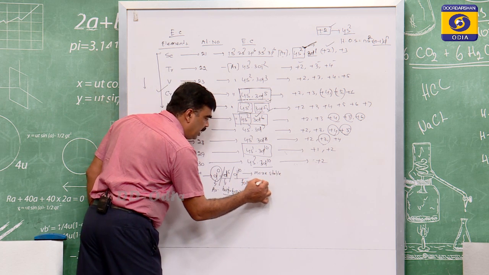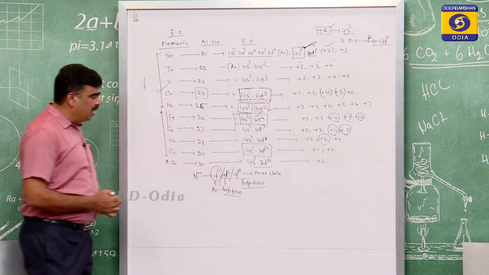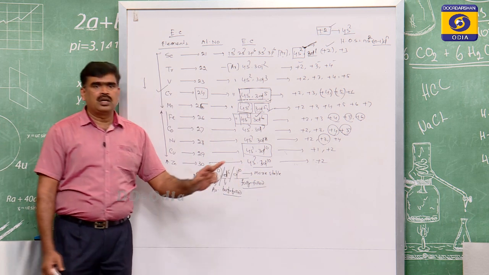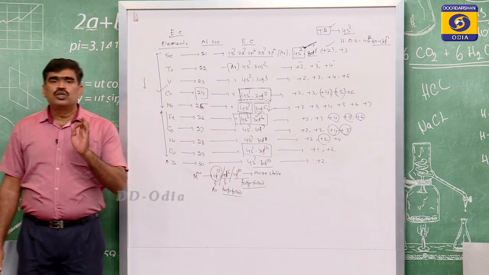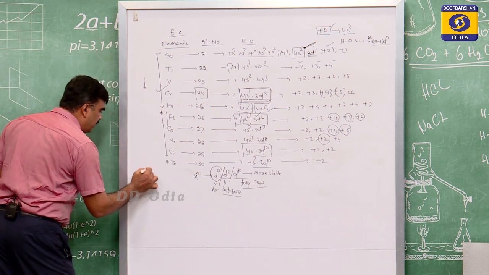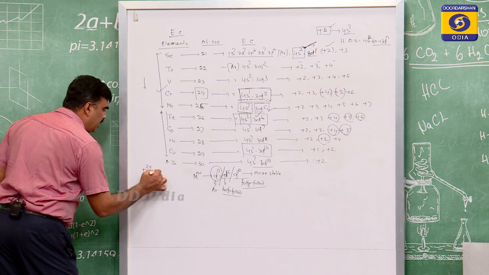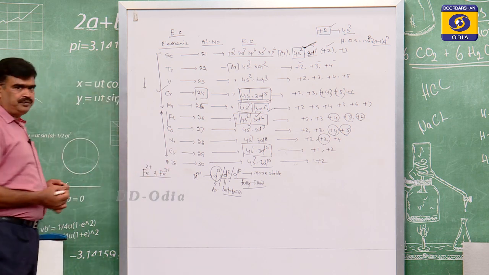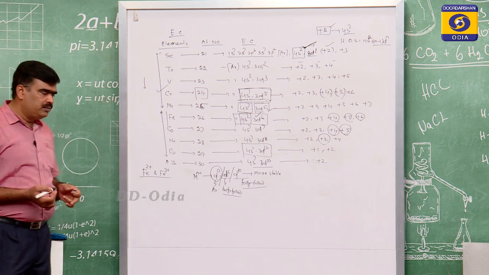So any cation or element at any oxidation state, if it has any of these configurations, that means they are more stable. So many times it has been asked in the examination, between ferrous and ferric, which ion is more stable?